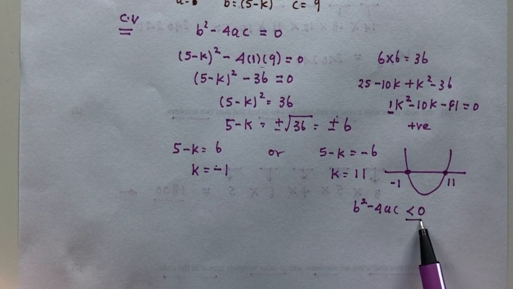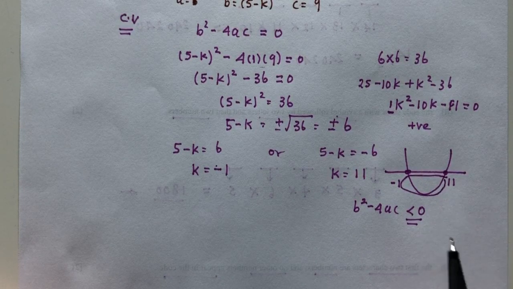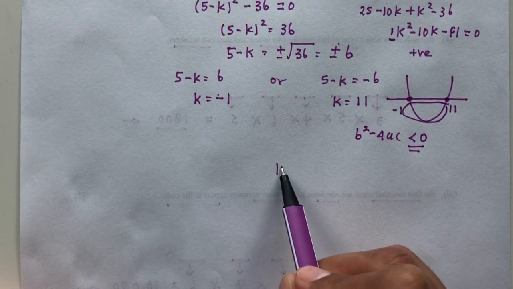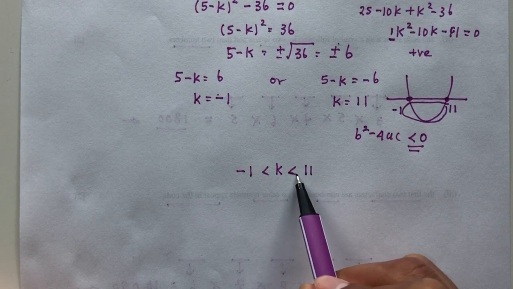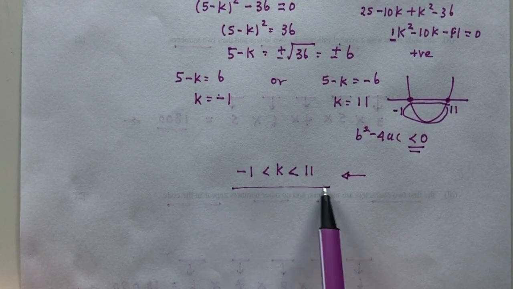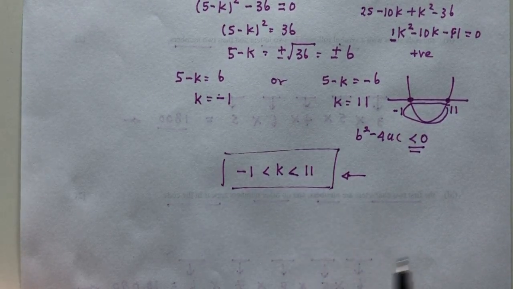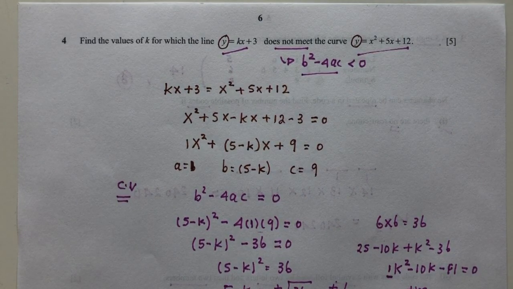So when you see less than 0, it means below the line. So where is it below the line? It will be for this region, which is, you will write k needs to be between minus 1 and 11 for it to be below 0 where it does not meet. So this will be your set of values for k for where the line does not meet the curve. And that is question number 4.